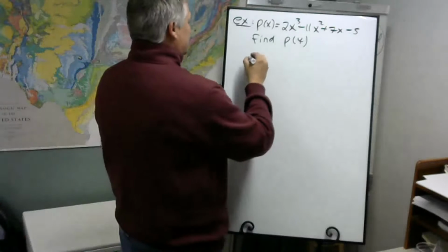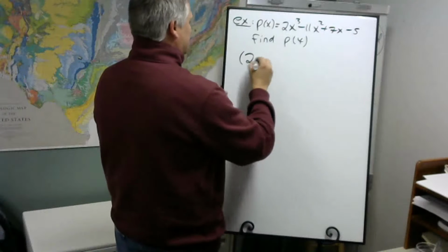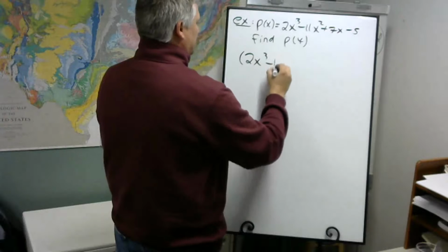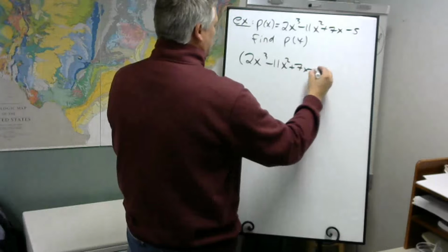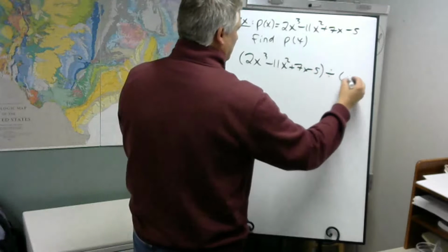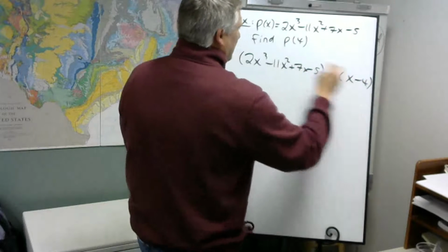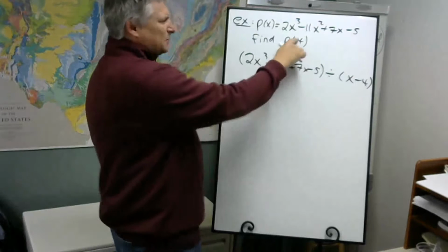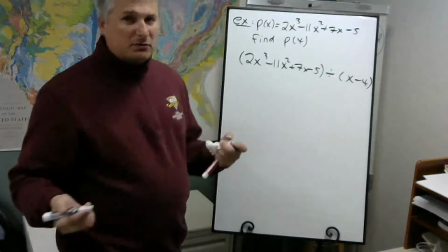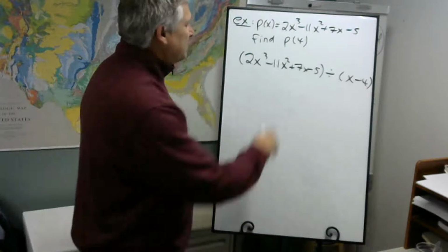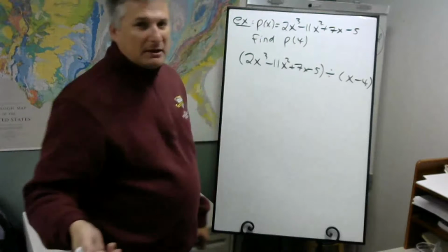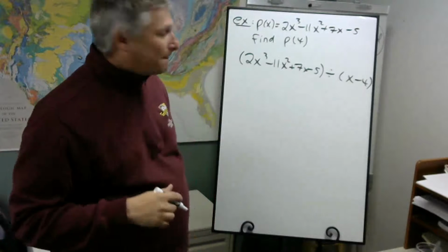So in synthetic division, we do x minus c. If this was a negative number, we would have x plus 4, because x minus a negative 4 would be a plus 4. But since it's a positive 4, it's x minus 4.